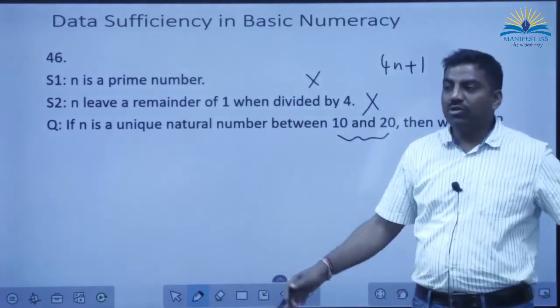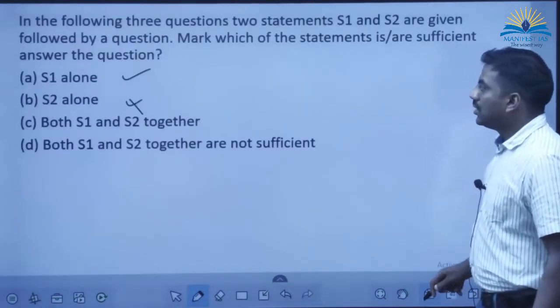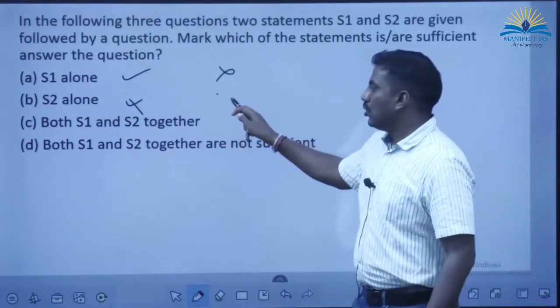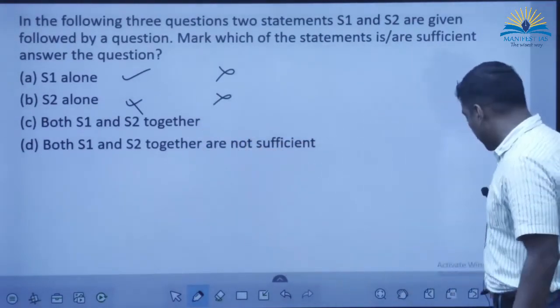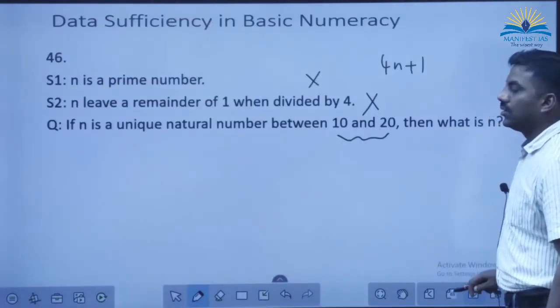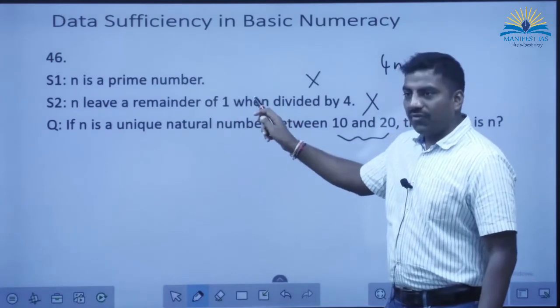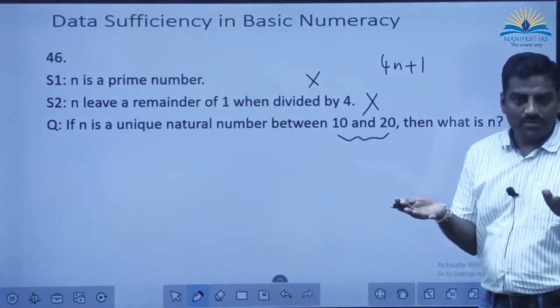Then try to combine the statements now, because S1 alone can't, S2 alone can't. Now both S1 and S2 together, let's see. N is a prime number. It leaves a remainder of 1 when divided by 4. So 13 and 17 will satisfy that.